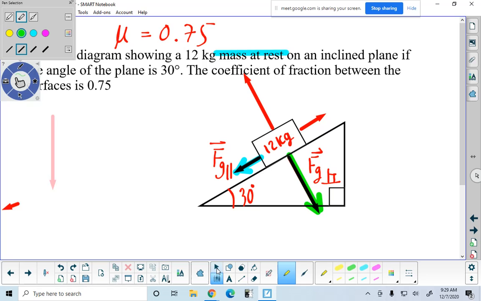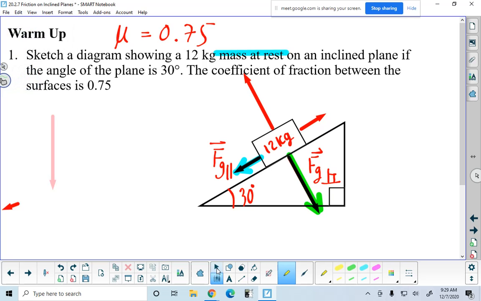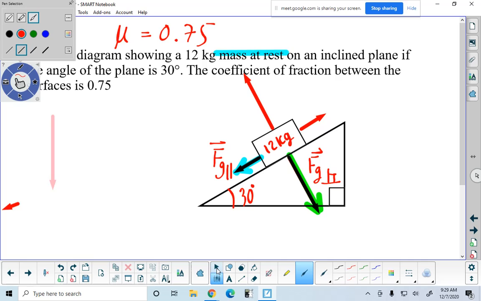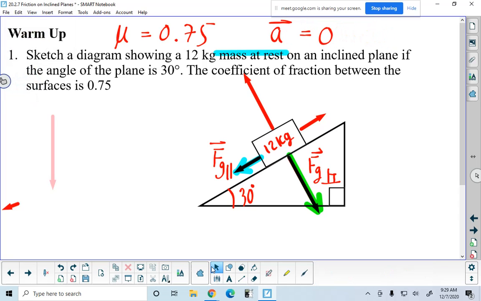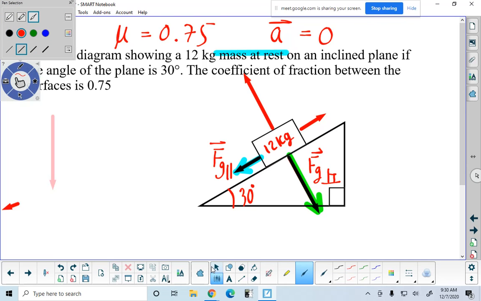But the box doesn't move. The box is experiencing, if it's at rest, an acceleration that's equal to 0. And if the acceleration is equal to 0, then according to Newton's second law of motion, the net force is equal to 0.